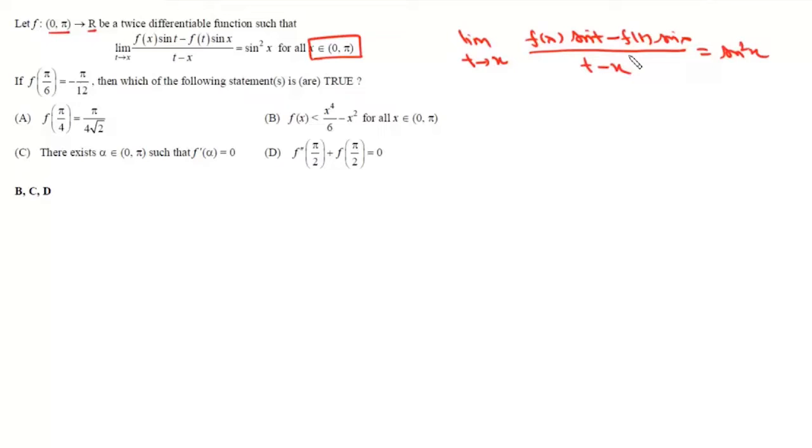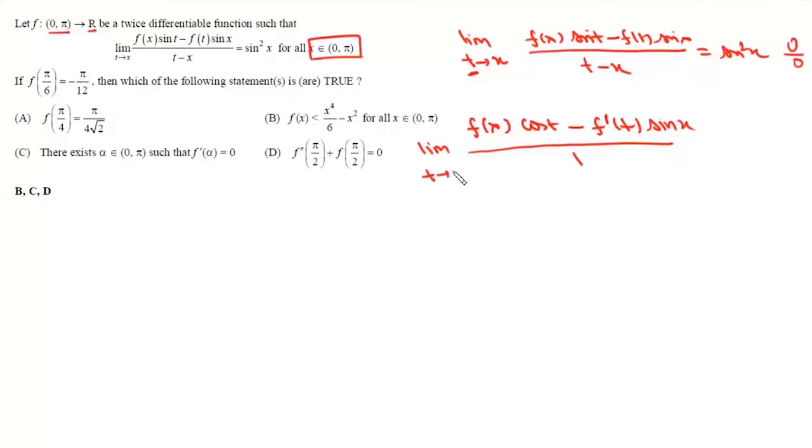Now we put t as x, it will be 0 upon 0 form, and if it is 0 upon 0 form, we can use L'Hopital's rule. So we'll differentiate the numerator and denominator with respect to t. So it will be f(x), and the derivative of sin t is cos t, minus f'(t) into sin x upon 1, and this limit as t tends to x will be equal to sin square x.